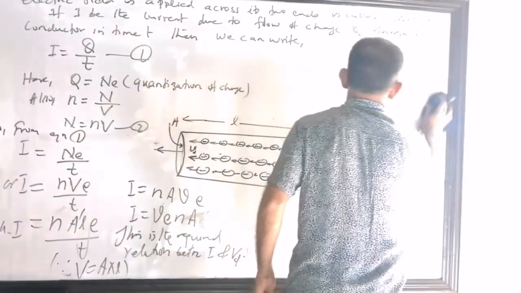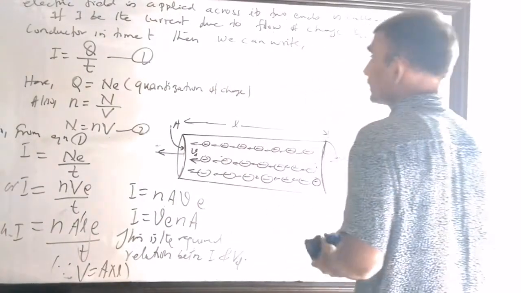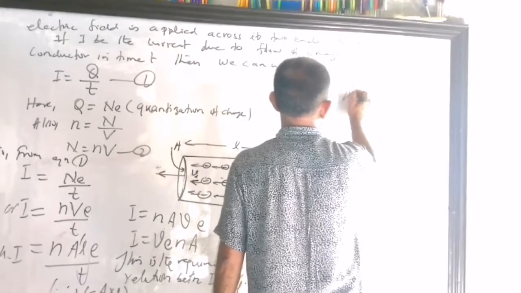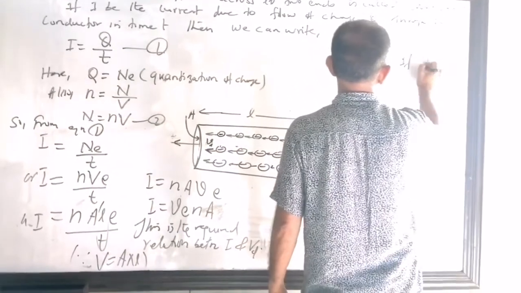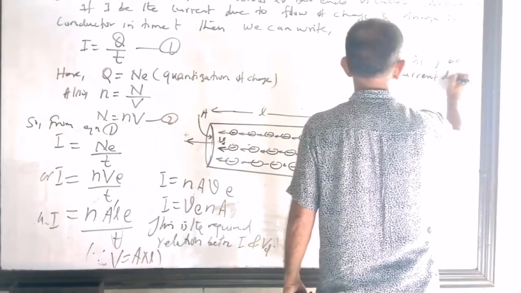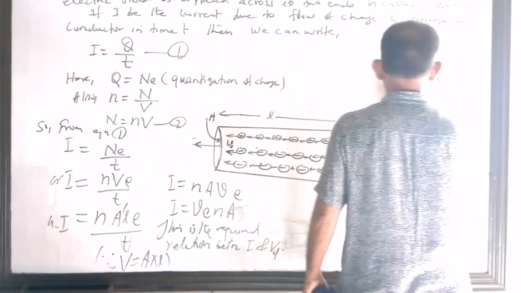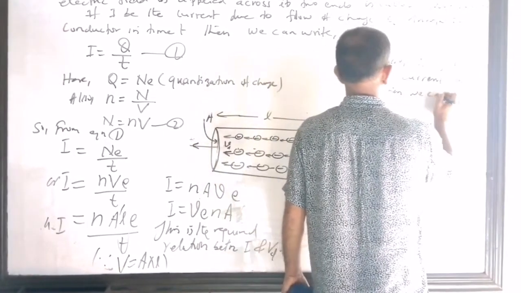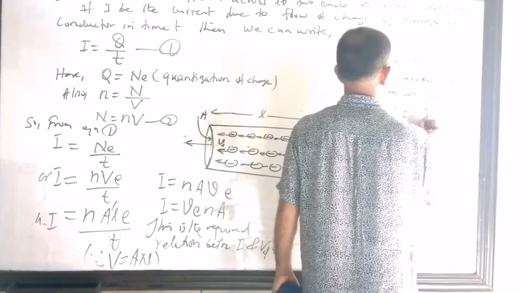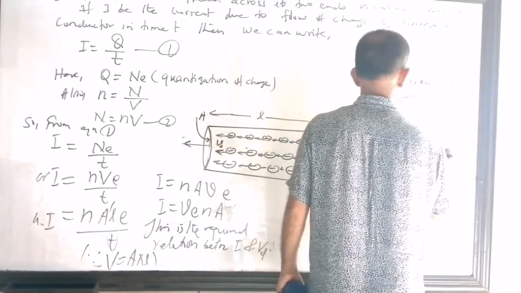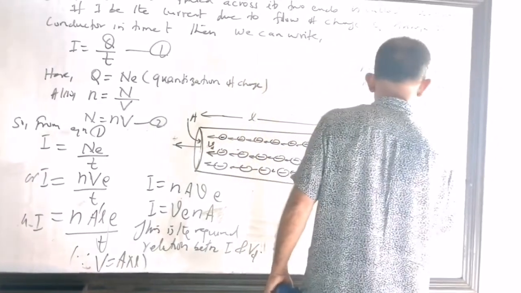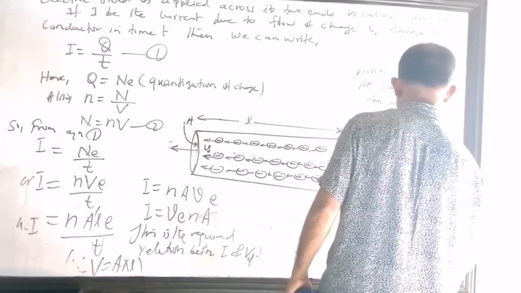Last, I told you that sometimes it may be asked for the current density. If J be the current density, then we can write J equals I upon A, and I just derived I equals n e A Vd, so A cancels and J equals n e Vd.